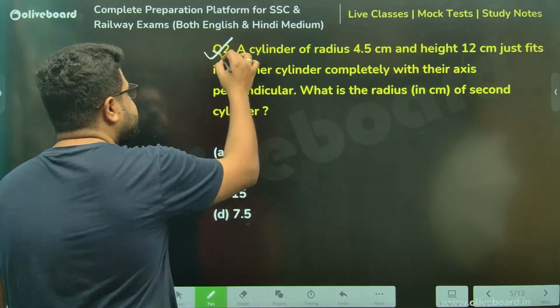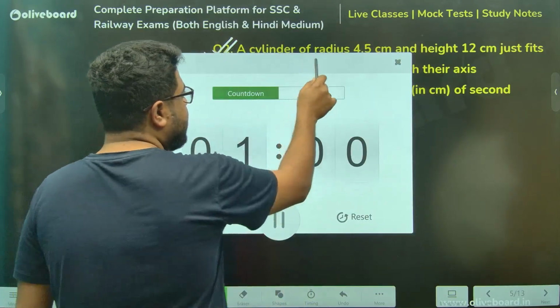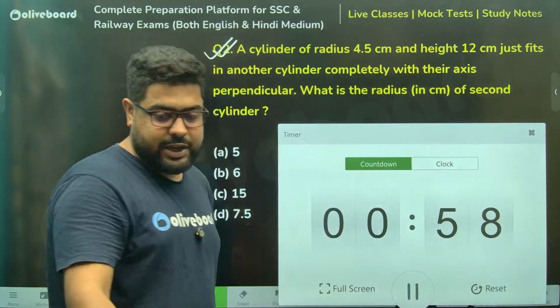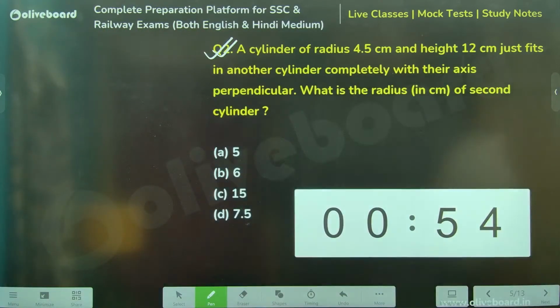Let's move to the next one. Everybody, I'll give you a minute's time. Meanwhile, I'll check if I can get this started. I don't know why the charging is not going on. Let me run some diagnostics.